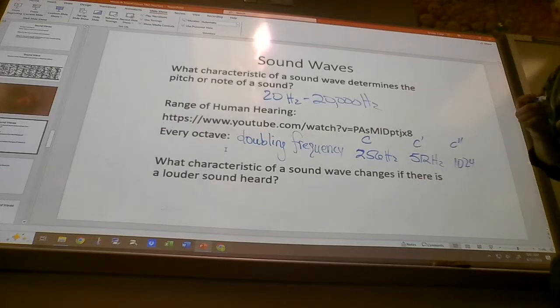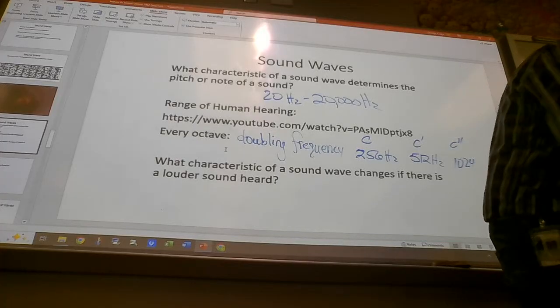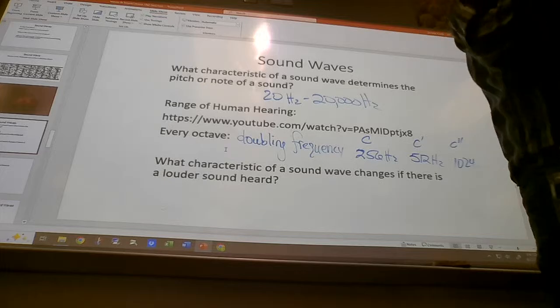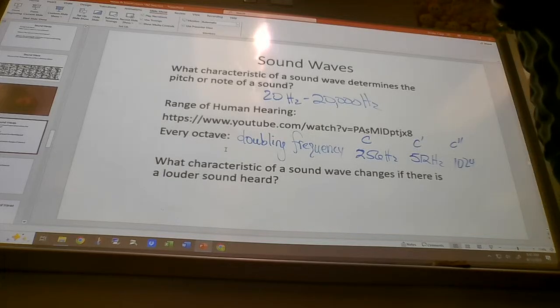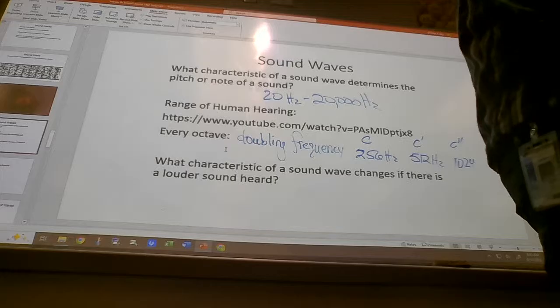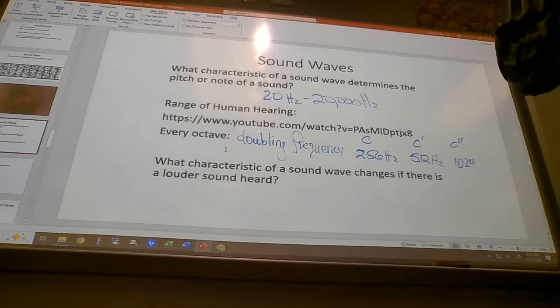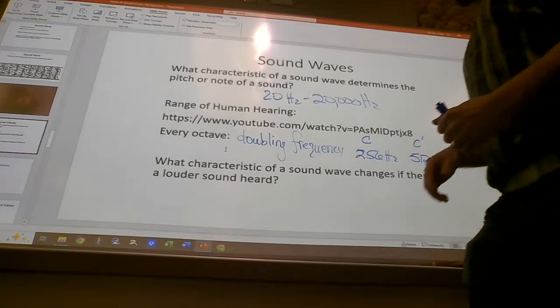Double that, 2048. Double that, 4096. So that's this guy, that it's actually off. Someone like whacked it against something. Okay. Every octave you go up, you double the frequency.